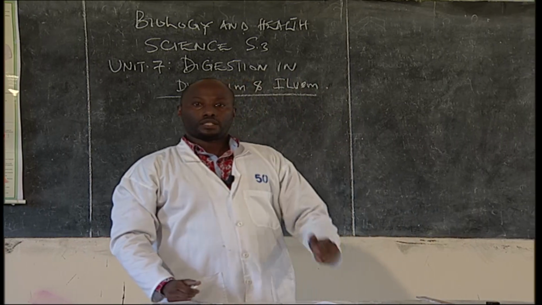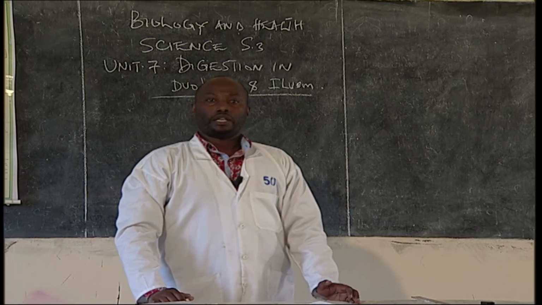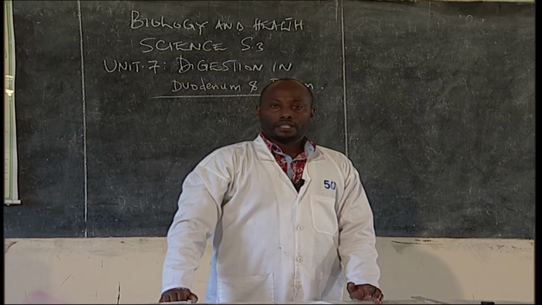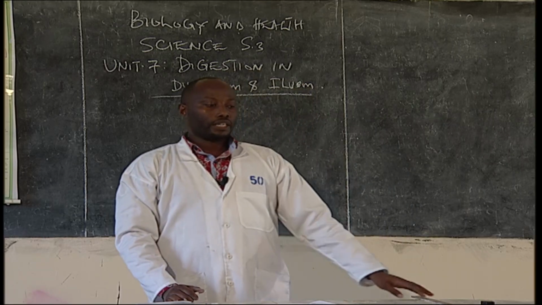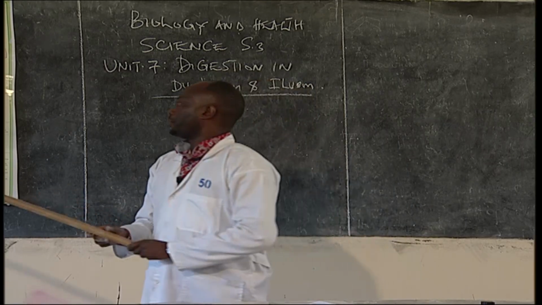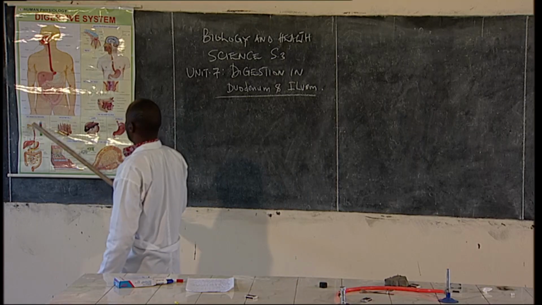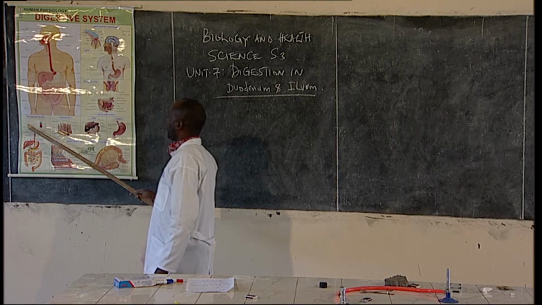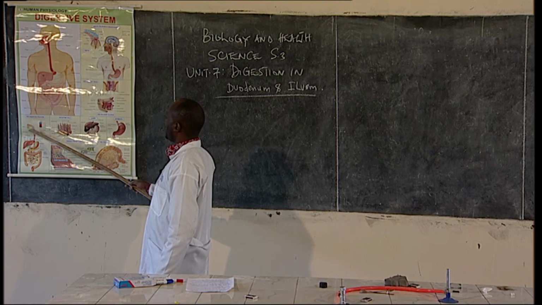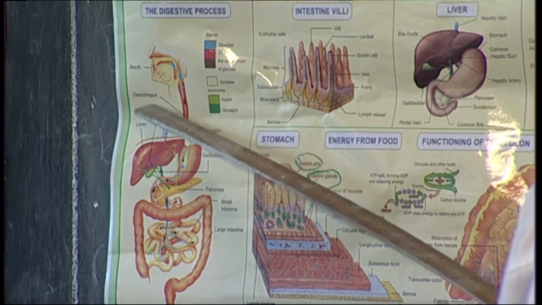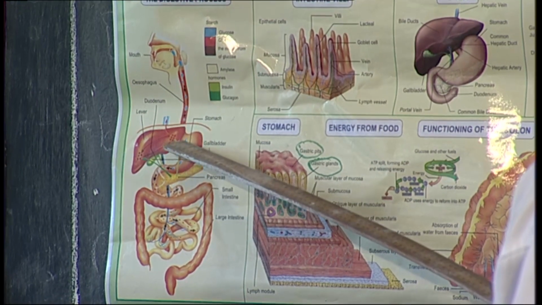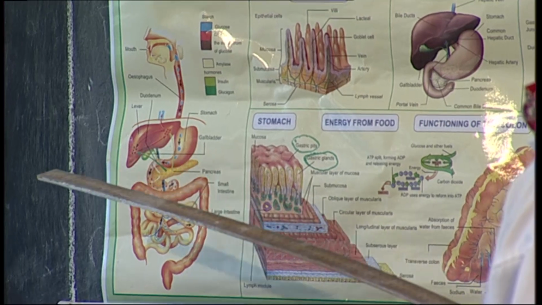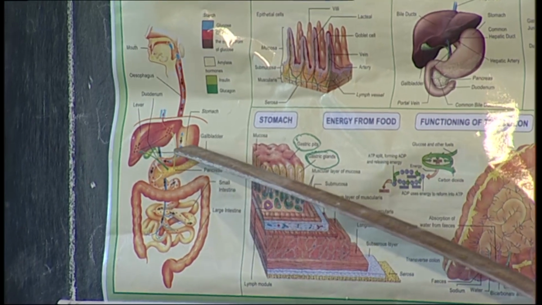As you know, last time we discussed digestion in the stomach. I think we can make a small review of what we discussed. As you chew, the food is broken down into smaller pieces in the mouth. When you swallow, the food passes through the esophagus, then goes into the stomach, where it is churned and mixed with the gastric juice.